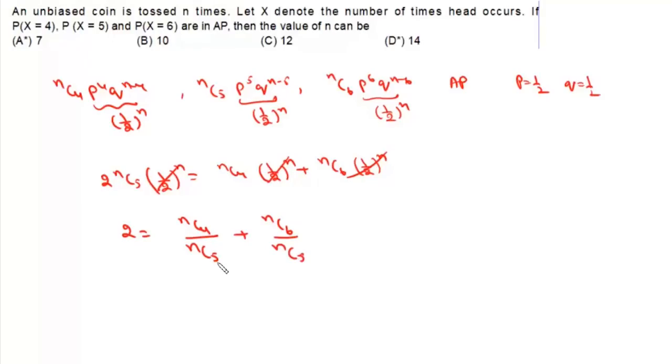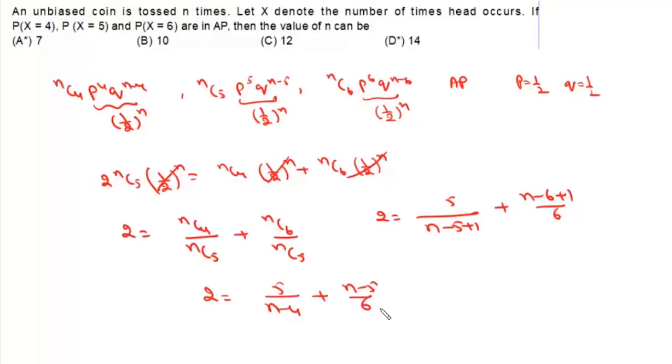Now n is same, r differs by 1, so we can write this as (n minus r plus 1) upon r, and here also will be (n minus r plus 1) upon r. So it will be this 2 equals 5 upon (n minus 4) plus (n minus 5) by 6.